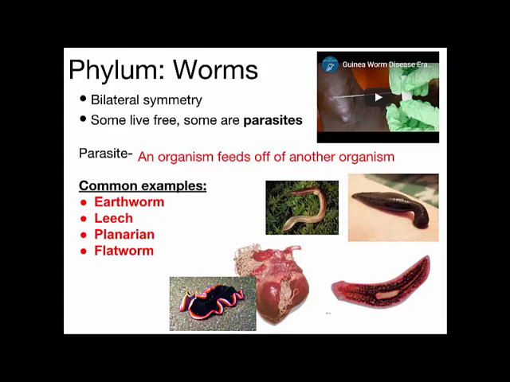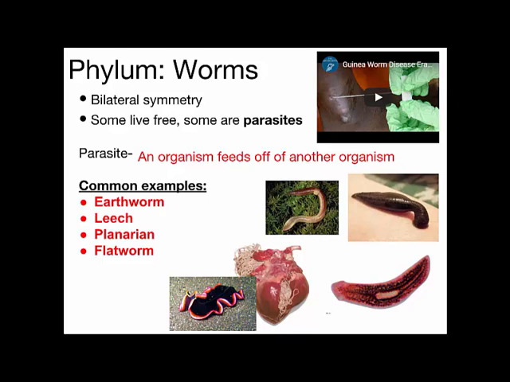So this is a guinea worm. Guinea worms are a parasitic worm, most commonly found in Africa, and they spread from person to person via contaminated drinking water. A flea carries this parasite, and if a person ingests the flea, then they ingest the parasite and it can infect them.